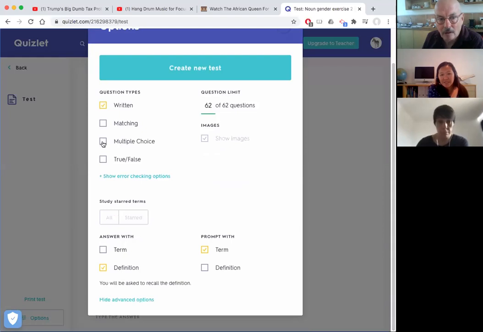Often these will also be clicked. These have to be clicked off. Normally this number will not be the same number as the number of questions. You have to make them equal. And this is probably the right way around. Click on answer with definition, prompt with term. Okay, let's see.